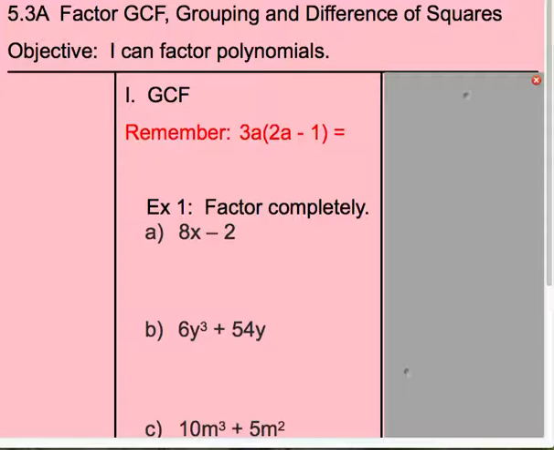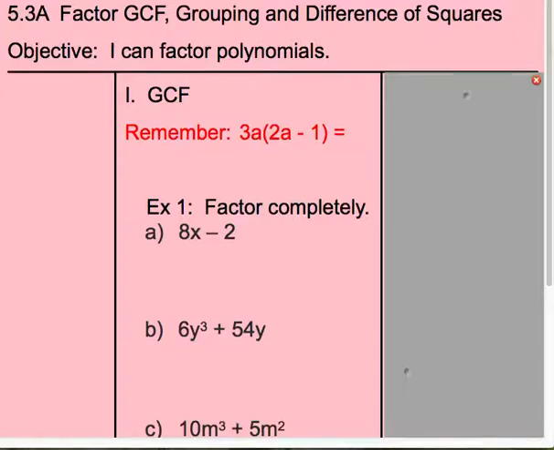Before we start factoring, I want to remind you where the factoring comes from. Factoring is essentially another word for dividing. So it came from a multiplication problem. So what we're going to do is take it and return it to its kind of original form. So we remember distributive property. I've got this first question here, 3a times the quantity 2a minus 1.